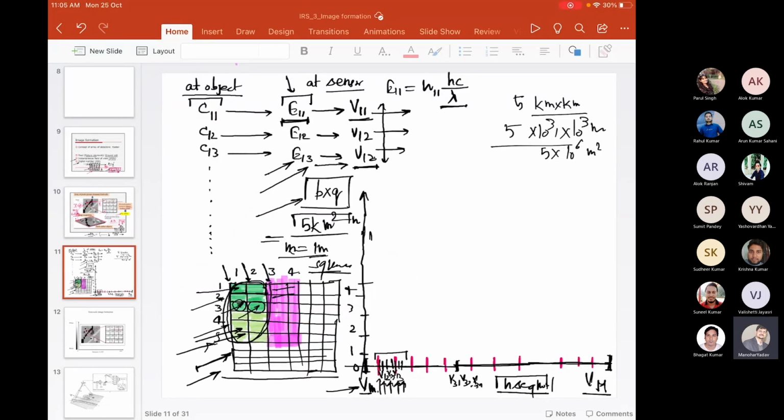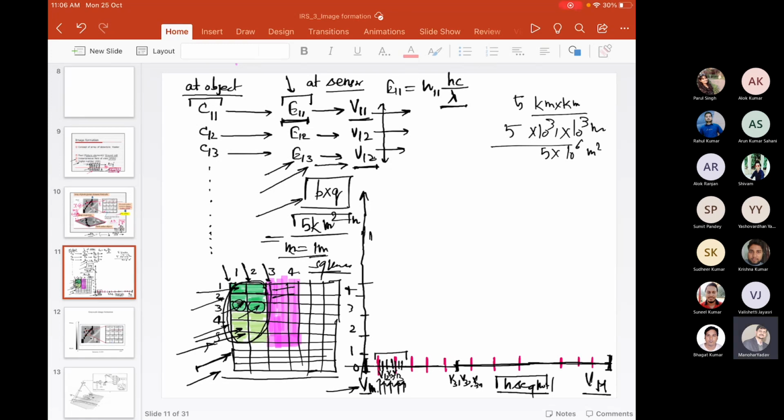Good morning. So now we start our discussion on image formation. In the previous lecture, we discussed how many steps there are in image formation at the sensor end.